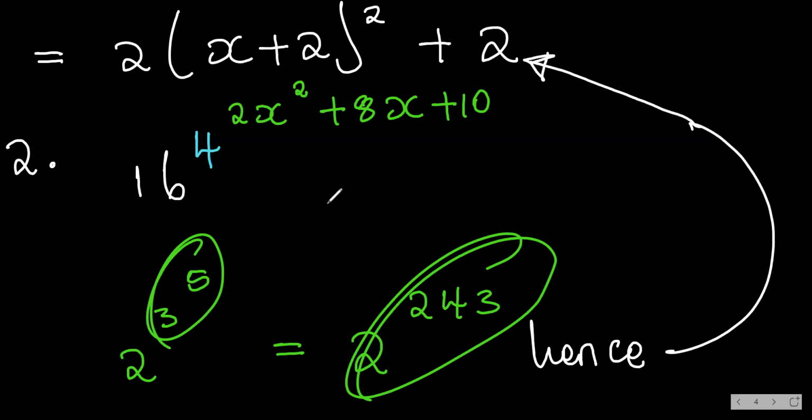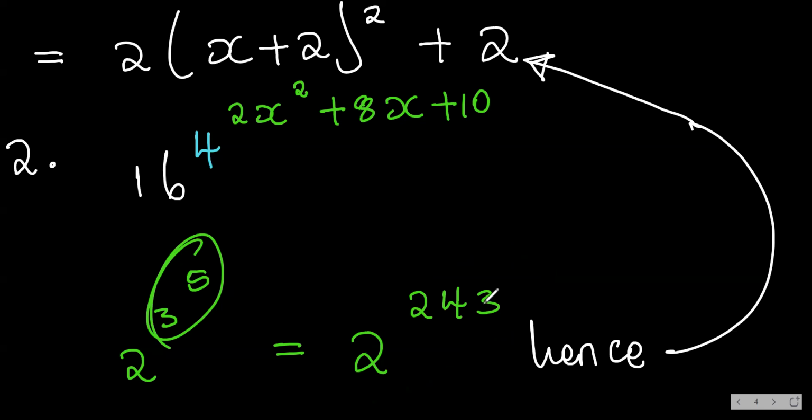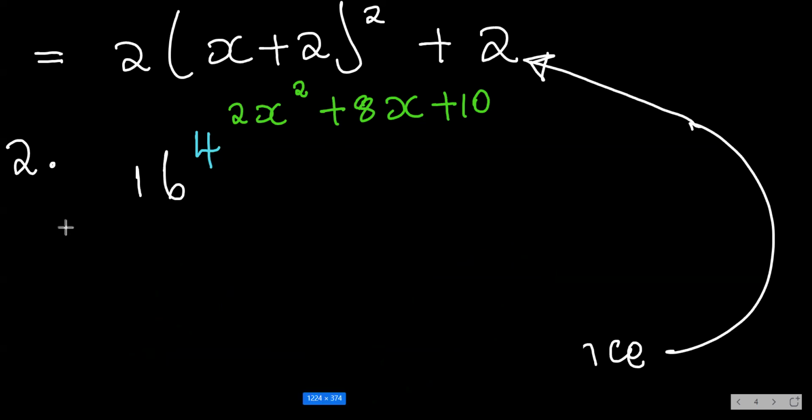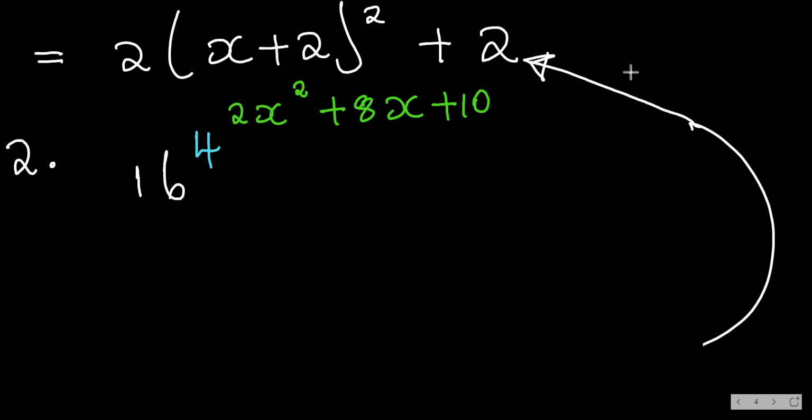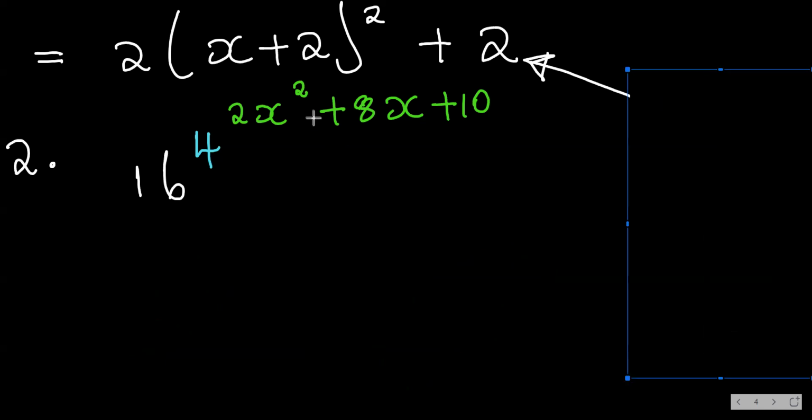Then you can worry about saying, what is 2 to the power 243? And it will give you a very big number, which will be 1.41 times 10 to the power 73. That's what I mean when I say you begin from the inside and then you can work your way out. Fine, let's go on.